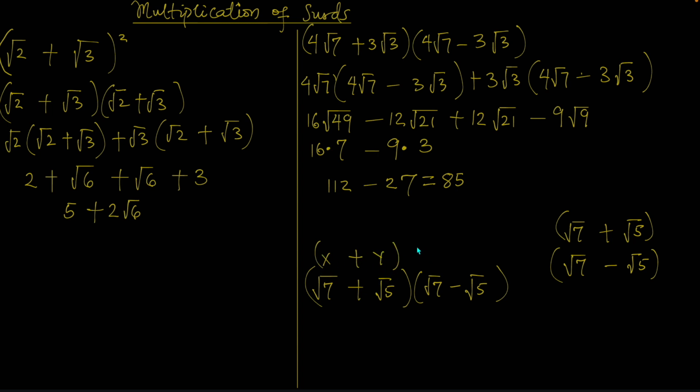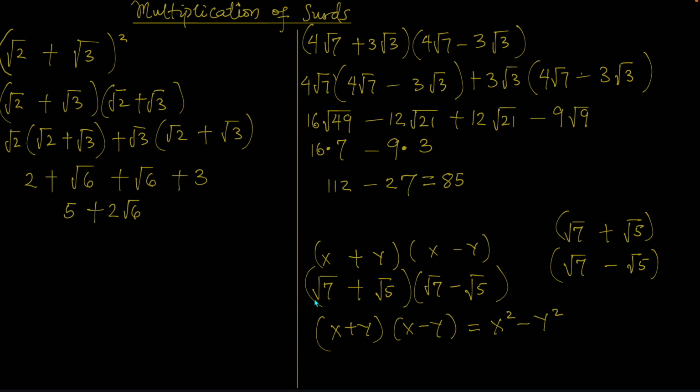So we can now have x plus y, and the second parenthesis we have x minus y. Now this is the difference of two squares. That says that x plus y and x minus y expands and simplifies to x squared minus y squared.